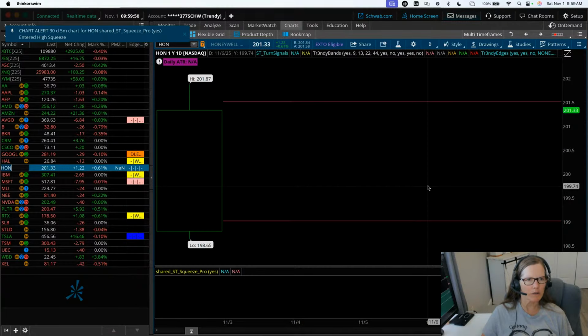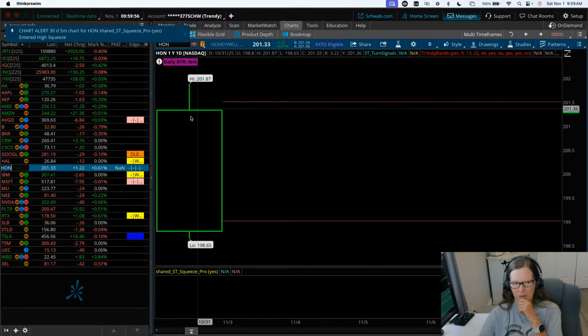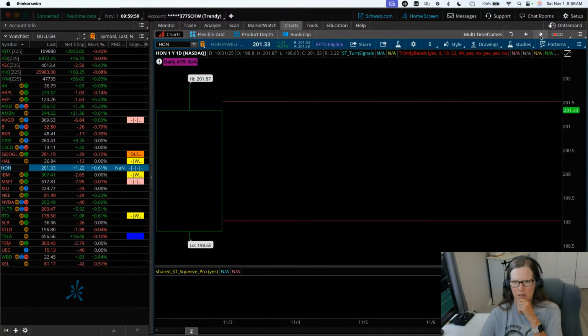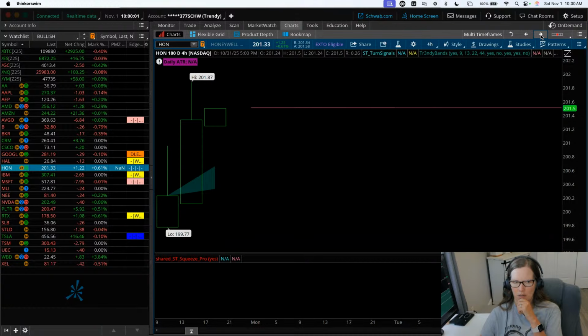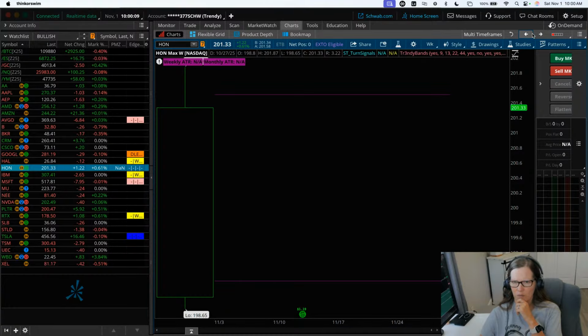What in the world? Does anybody know why my Honeywell chart would look like this? Did Honeywell split off? Something is way wrong.